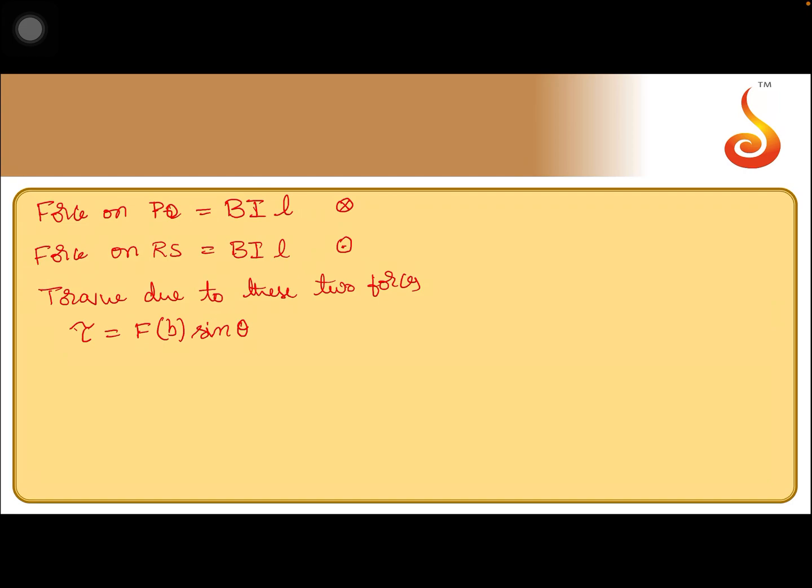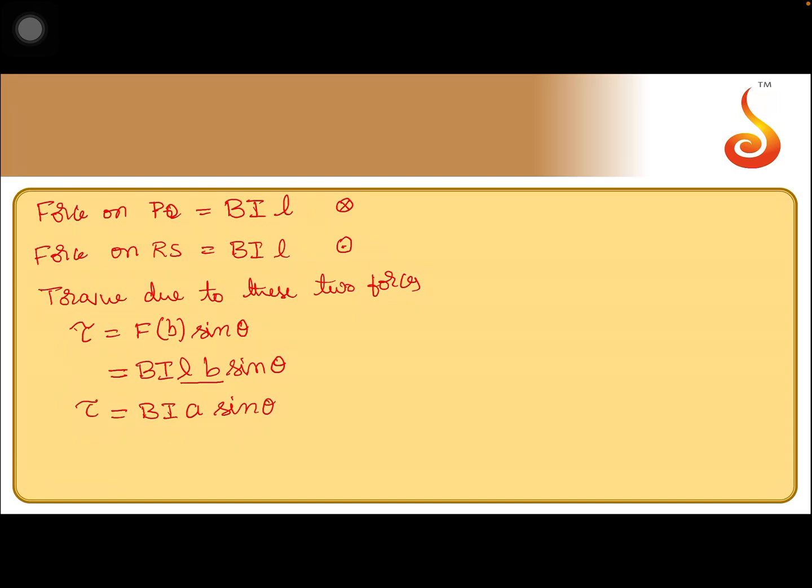So it is either force into perpendicular distance. So this F is BIL into b sin theta. That should be equal to, L into b is the area of the coil. So you'll get BIA sin theta.